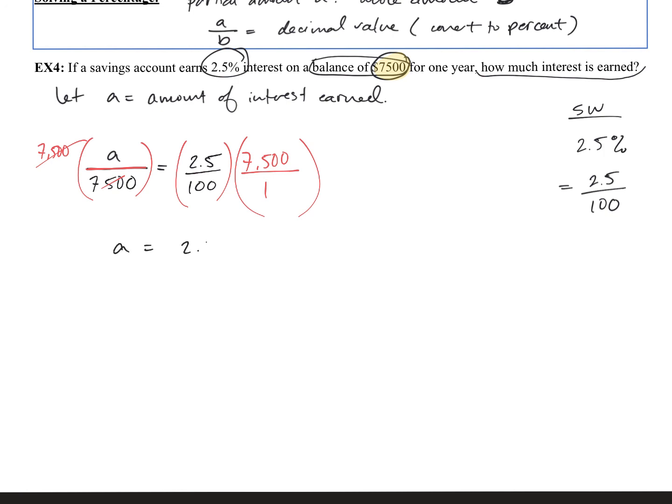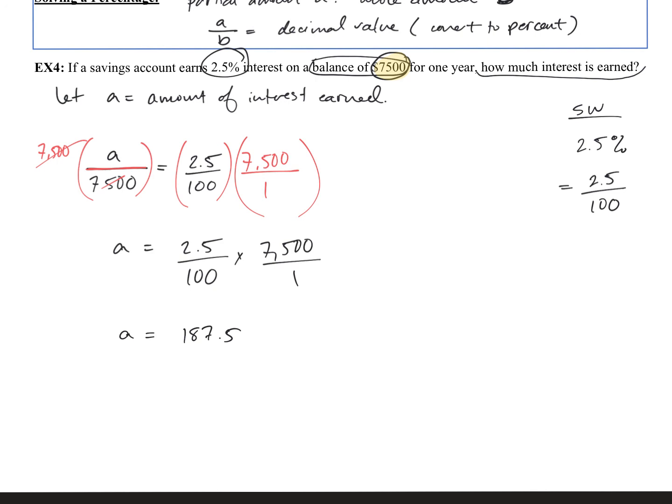Awesome. Then we get 2.5 over 100 times the 7,500 over 1. And multiplying that out with your calculator, you should end up with 187.5. So I need to write my answer as a sentence, and it's talking about how much interest is earned.